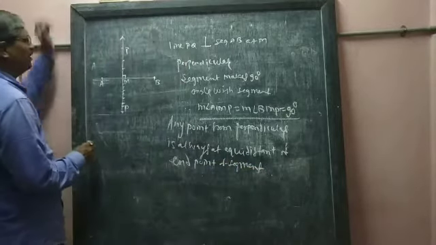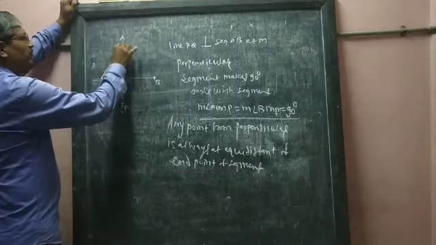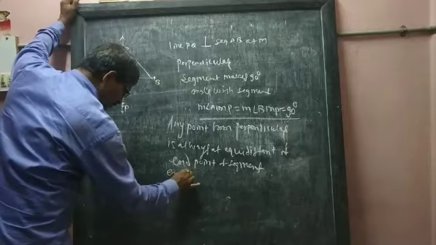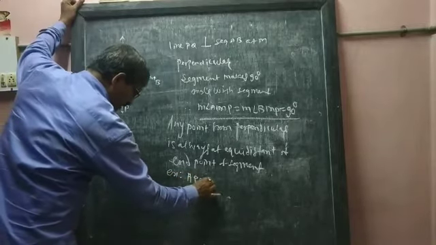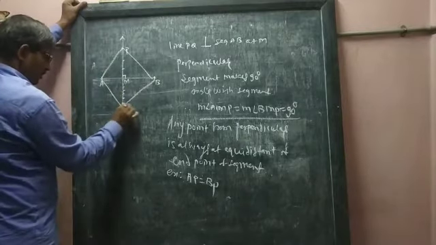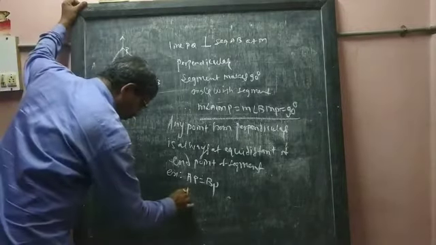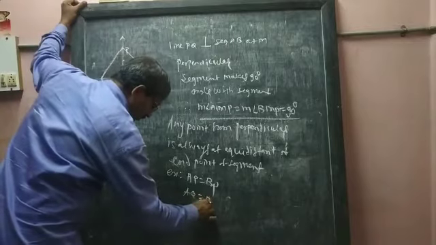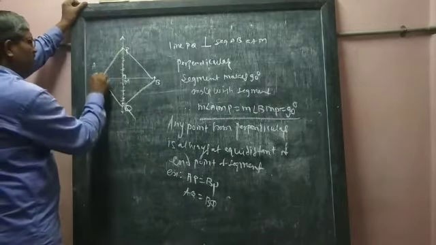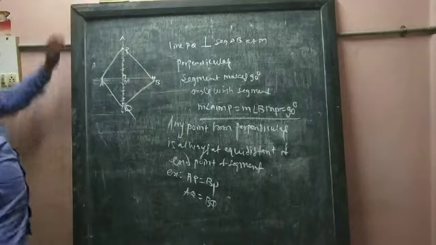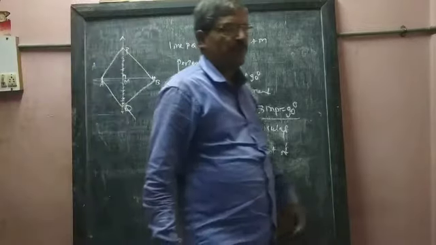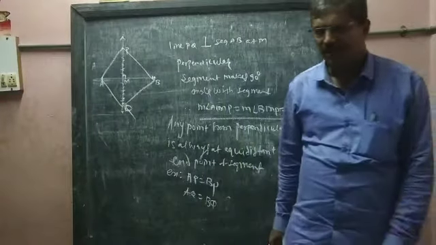Means here what will happen? AP is equal to BP. Example, AP is equal to BP. Here AQ is equal to BQ. Means any point on this perpendicular is always equidistant from the endpoints. Therefore, such a line is called a perpendicular bisector of the segment.